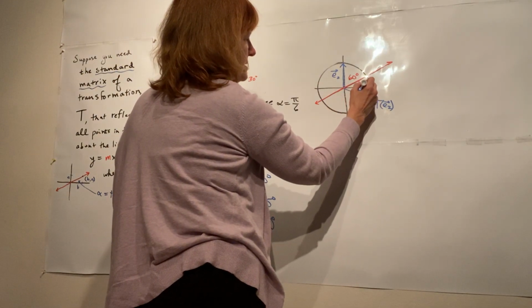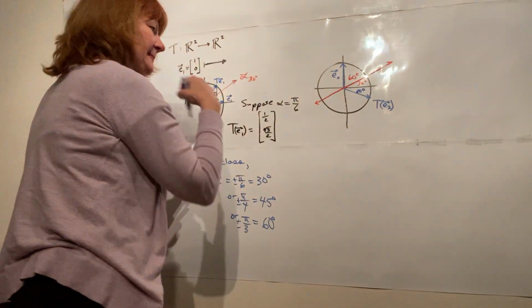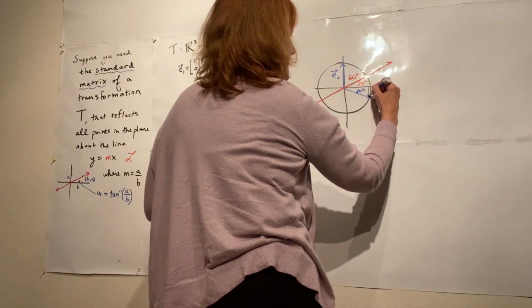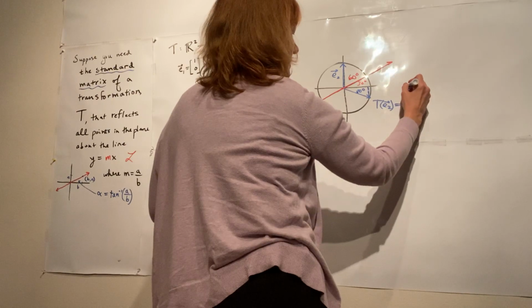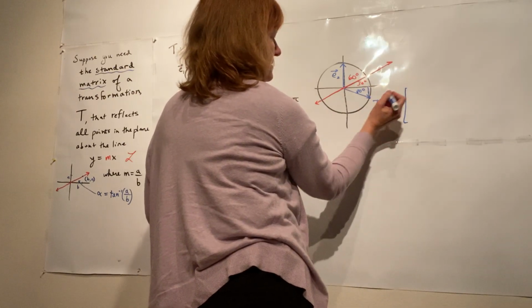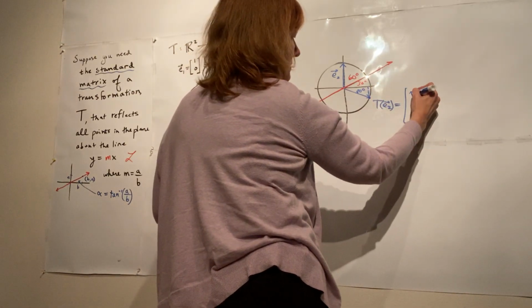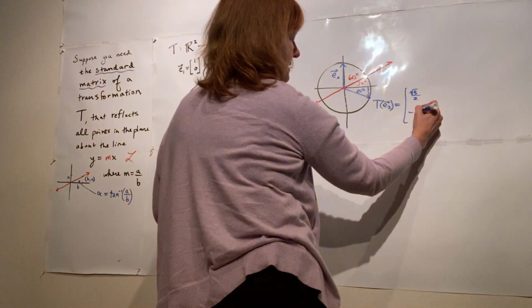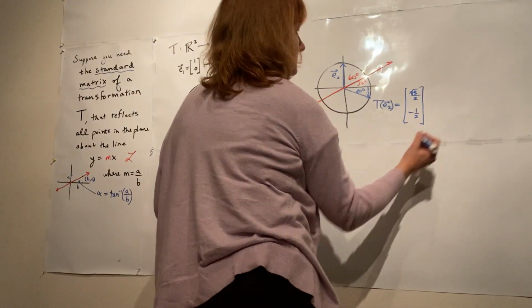There's another 30 degrees there. What are the coordinates of that point? At the head, it gives us the coordinates of the vector, square root of 3 over 2, negative 1/2.